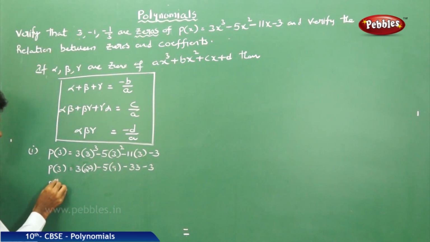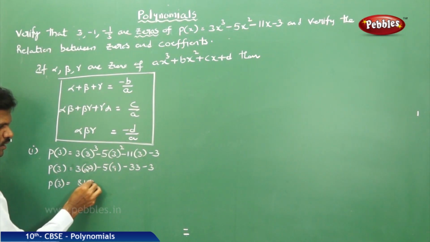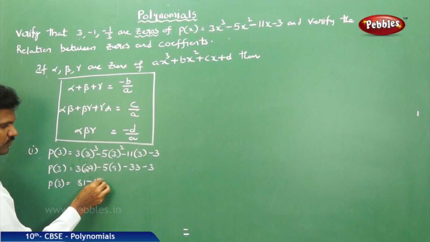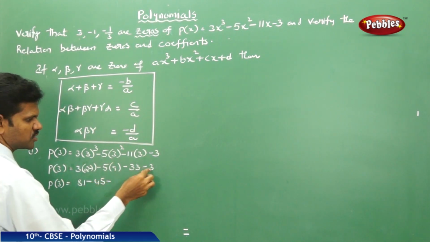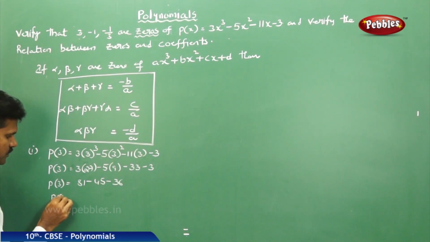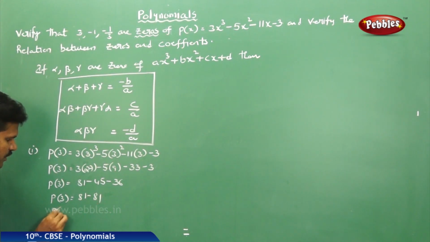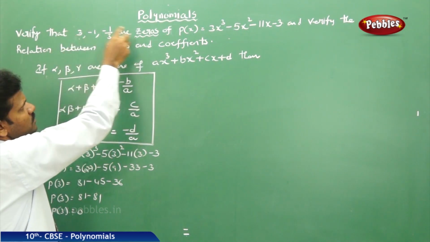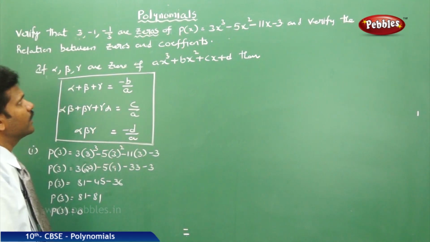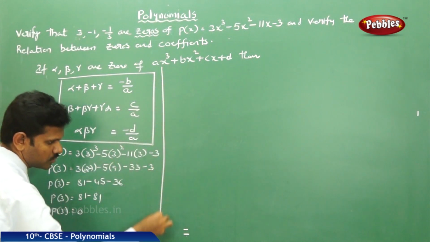That is p of 3 is equal to 3 times 27 is 81, minus 5 times 9, 45, minus 33, minus 3, minus 36. That is p of 3 is equal to 81 minus 81. That is p of 3 is equal to 0. Okay, my answer is 0. Therefore, I conclude that 3 is a zero of the given polynomial. Like that, I have to test 2 more. Now, condition number 2.